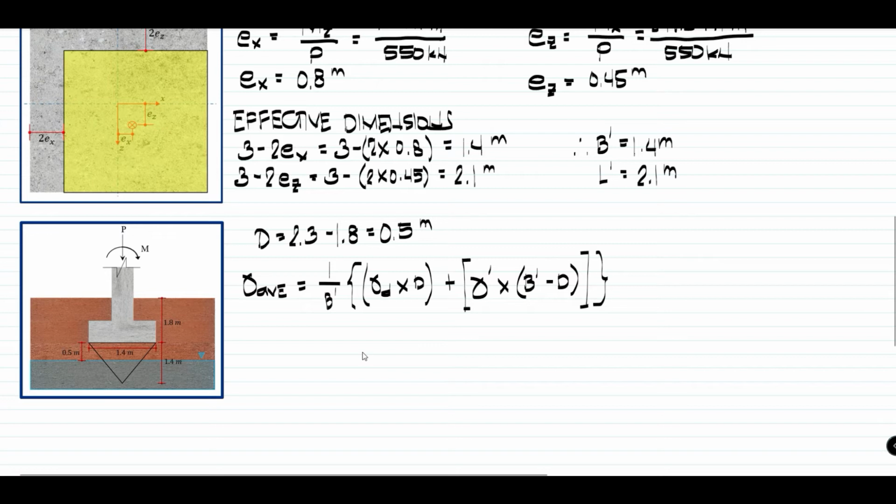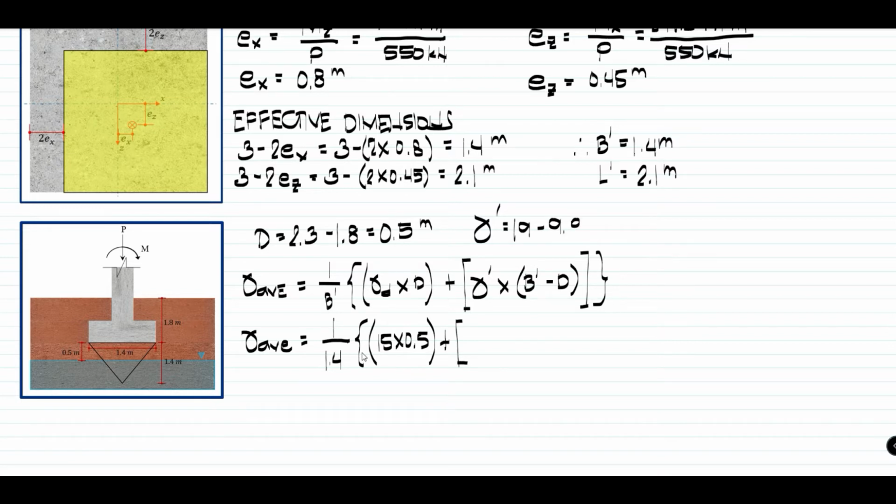So, to determine the gamma average, we just have to substitute the values. So, that is 1 over 1.4 times the gamma dry, which is 15, times 0.5, plus yung gamma prime natin, saan nga ba nanggaling yan? Gamma prime will just be the gamma saturated, which is 19, minus 9.81. So that is just equivalent to a value of 9.19 kilonewton per cubic meter.